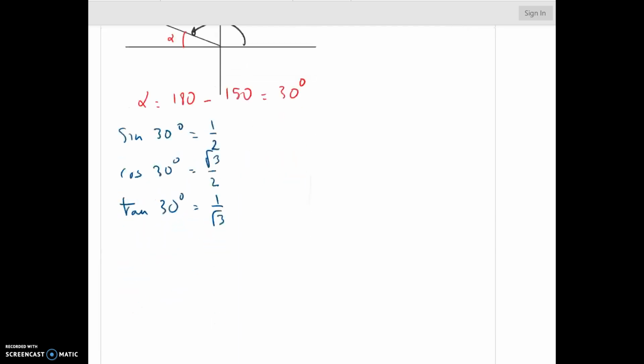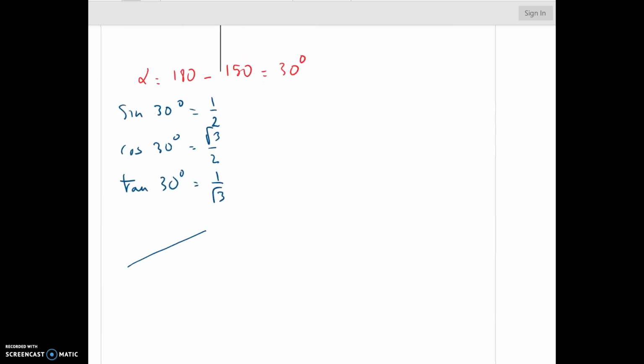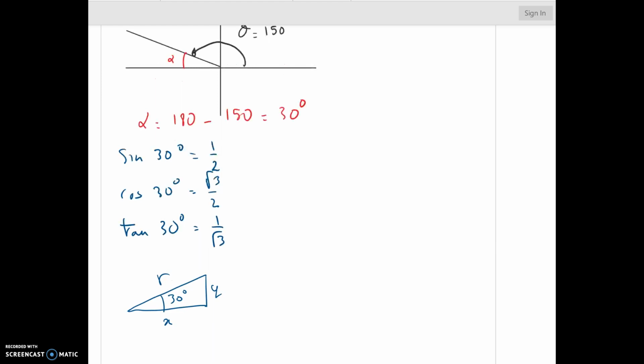Of course, everything is connected to the fact that you have a right triangle where you have x, y, the hypotenuse, and the angle 30 degrees. Now, if I look at the sine of 150 degrees, what am I supposed to have?